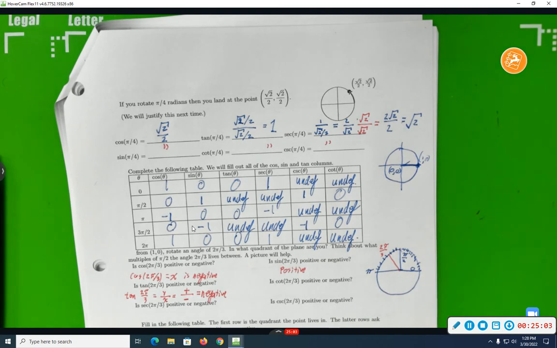Tell me about cotangent. Positive or negative? Nice. There are some hands that didn't go up, so maybe I'll talk through it. I think it is negative.